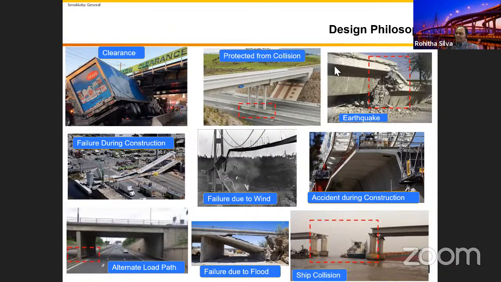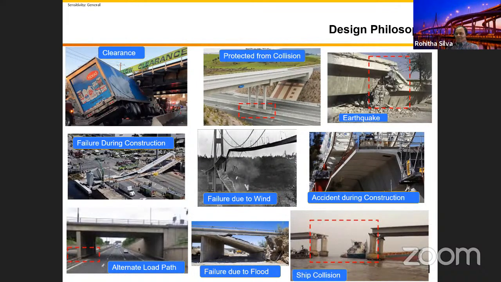If you look at the picture at the top right-hand corner, with the earthquake, you design a bridge for your traffic load, but you haven't considered the earthquake loading. Sometimes this loading you can't predict properly.